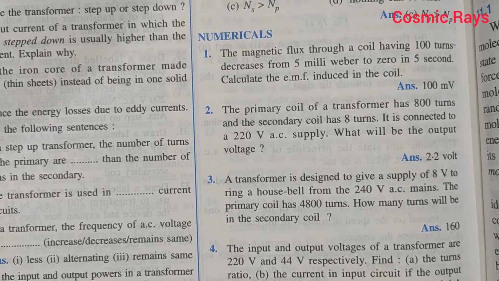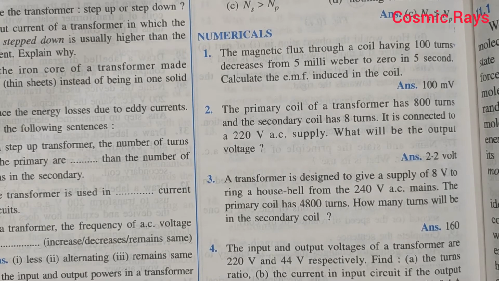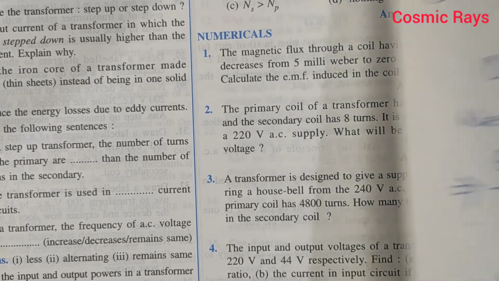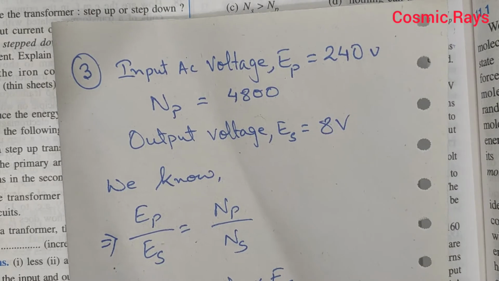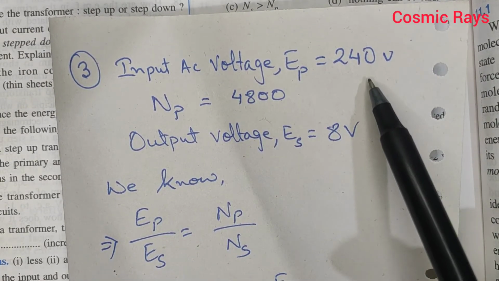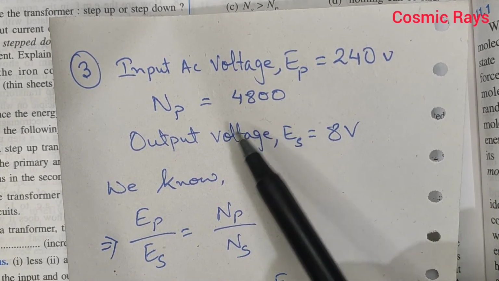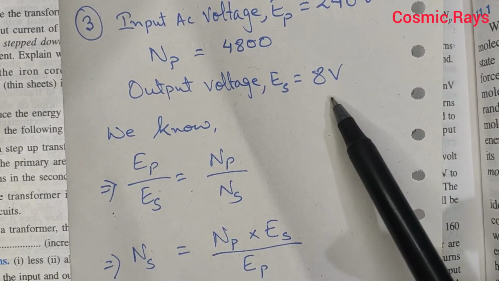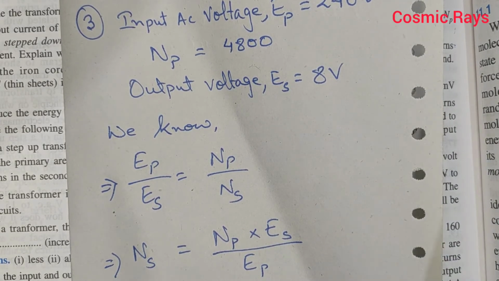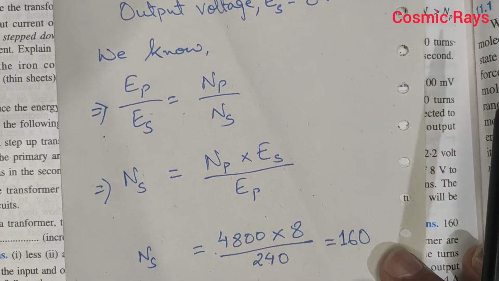Again we are going to use the same formula, EP upon ES is equal to NP upon NS. So here for number 3 we have written input AC voltage, that is EP is 240, NP is equal to 4800, output voltage ES is equal to 8 volt. We have to calculate NS, that is number of turns at the secondary side of the transformer.